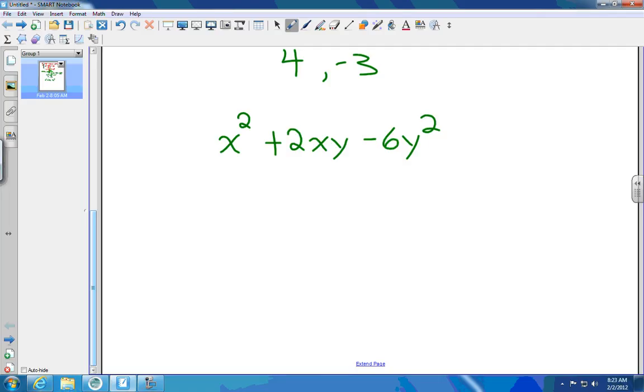But they have to be polynomials in one variable. How many different variables do you see up there? Some would say 4, because you have 4 letters up there. But I'm talking about different letters. How many different letters do you see? 2. So that means they are not polynomials in one variable. So that's what you would write there. It's not a polynomial in one variable because you got 2 separate letters in the problem.